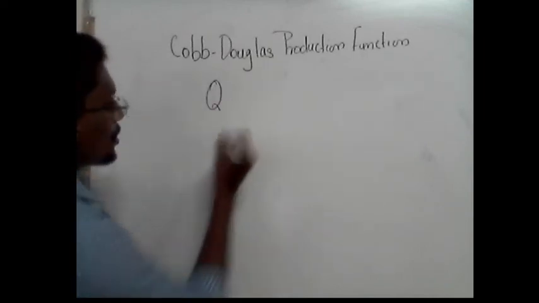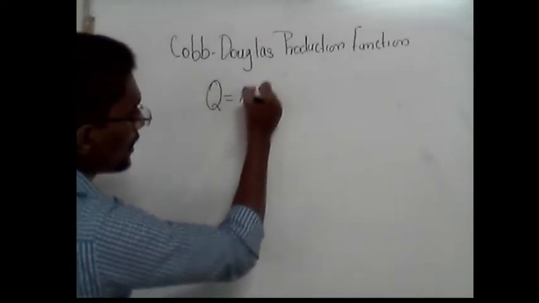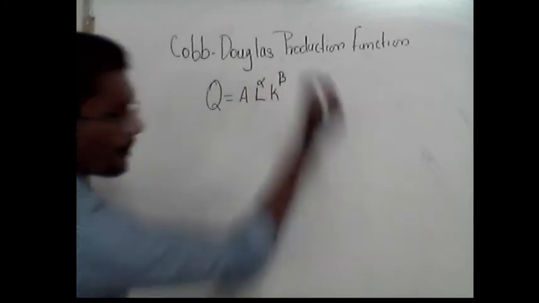As per the production function, the level of output Q is equal to A L raised to alpha K raised to beta.